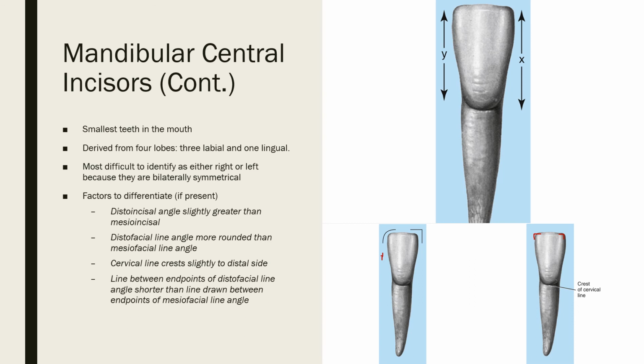So it's kind of cresting more right here, which is very slight to the distal side. And then the line between the endpoints of the distofacial line angle is shorter than the line between endpoints of the mesiofacial line angle. I also am just going to say that the root does just slightly tip to the distal sometimes.